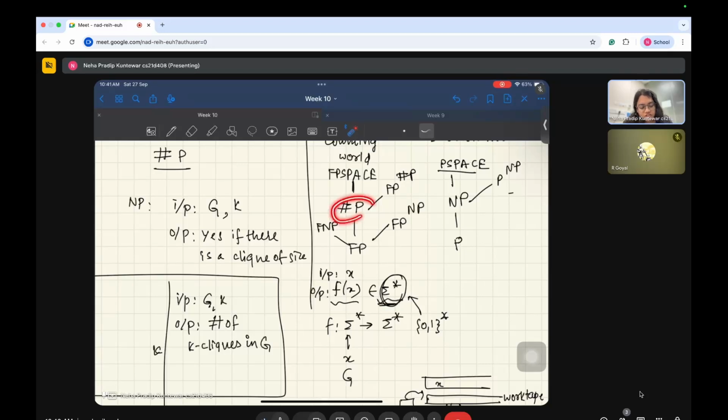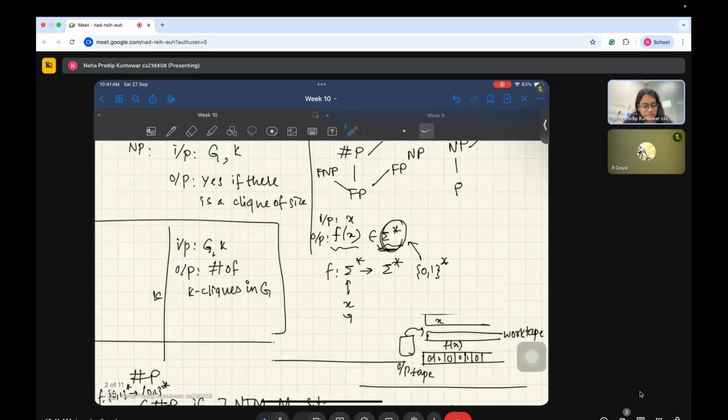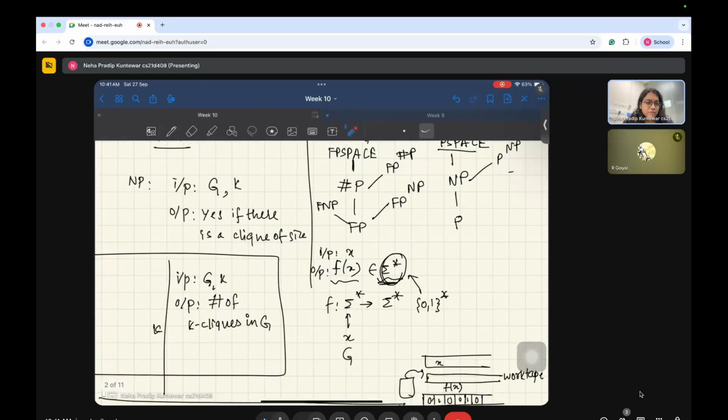So the sharp P has this condition that the number of accepting paths should be equal to the value of f of x.